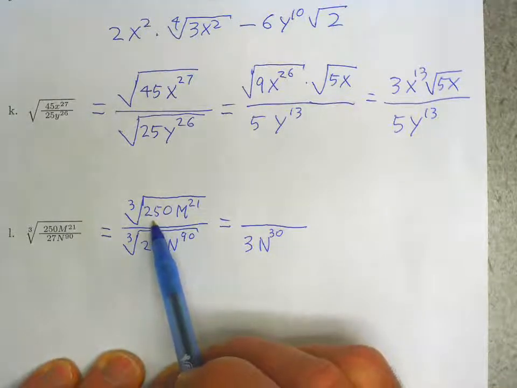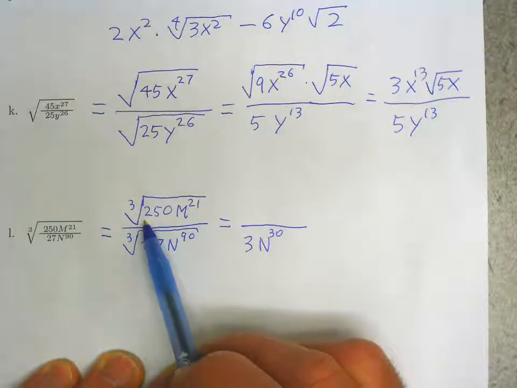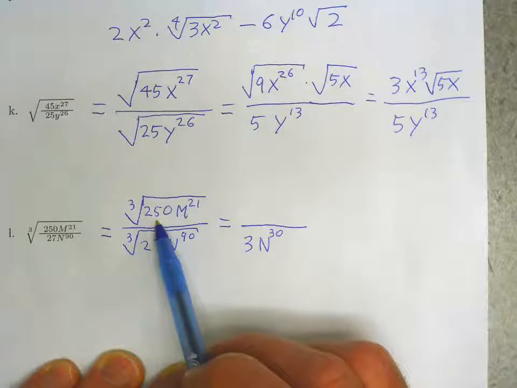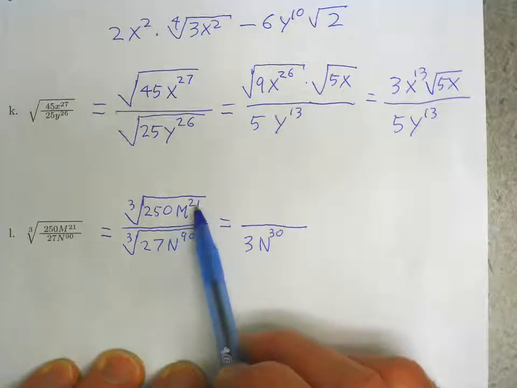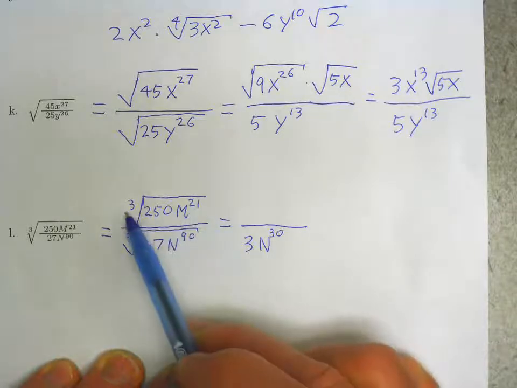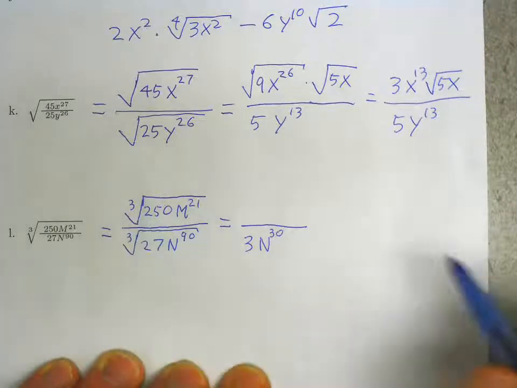The largest factor of 250 that is a perfect cube is 125. 125 times 2 is 250. M to the 21st is a perfect cube because 21 is a multiple of the index 3.